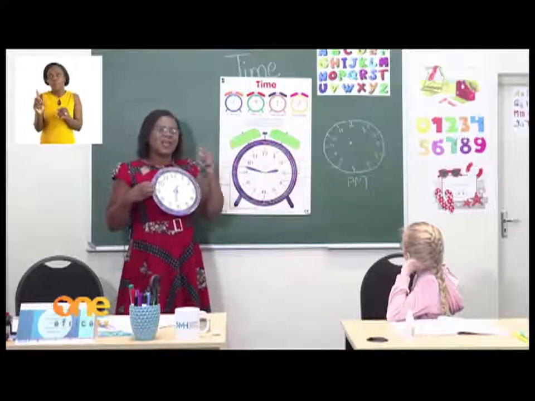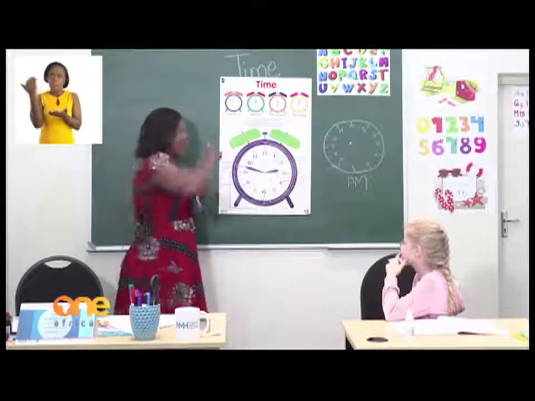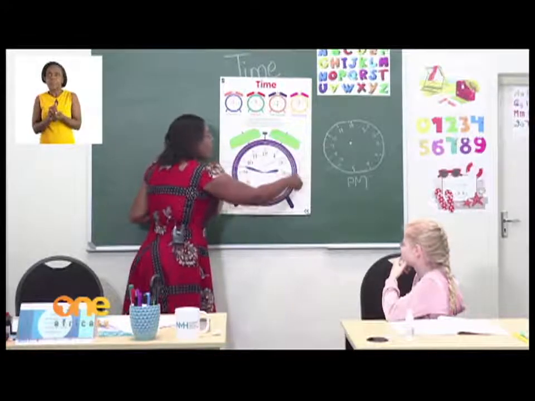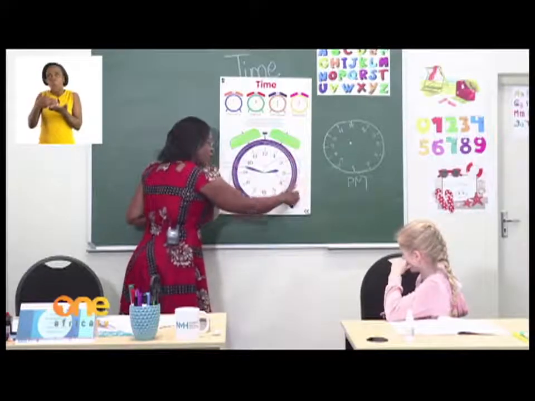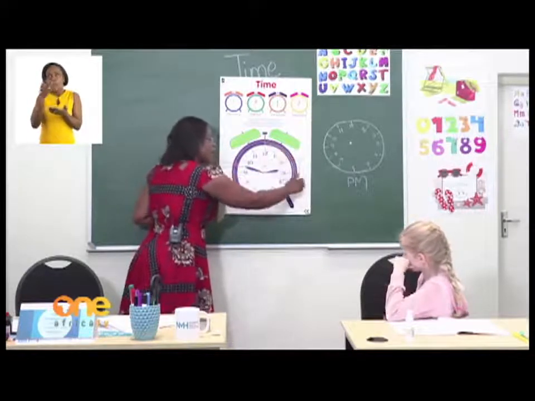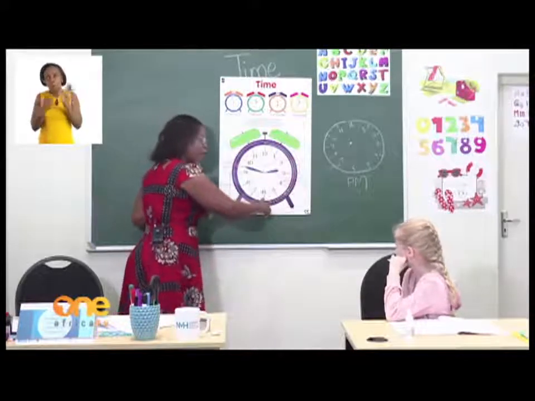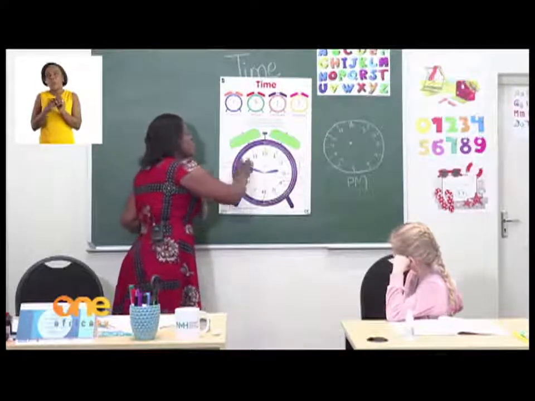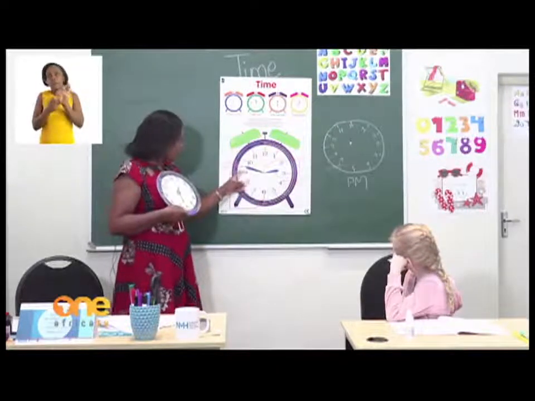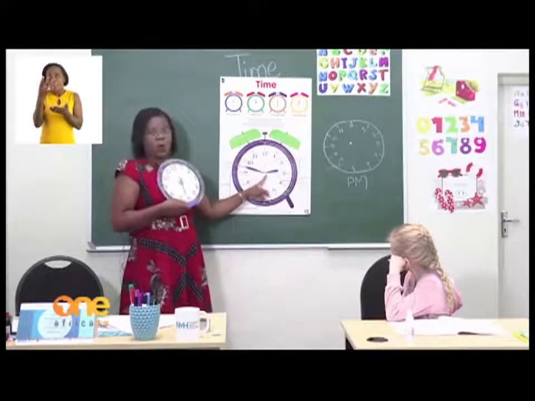That is what we call quarter past. This is what we call quarter past because we are coming down this way, remember? That will be quarter past on the 3. And when it's here, it's half past. When we are at the 9, it's quarter to. We are left with only 15 minutes to go to the o'clock.